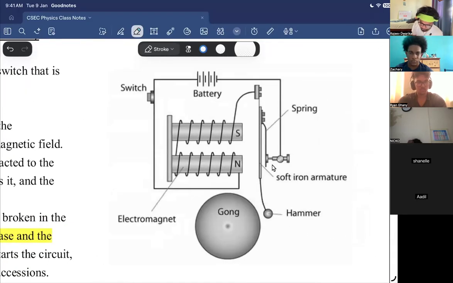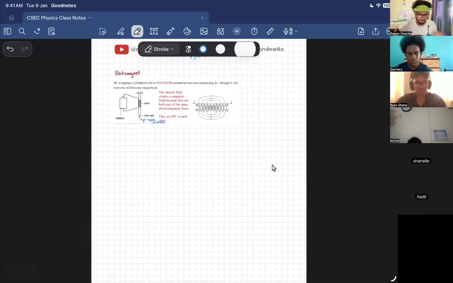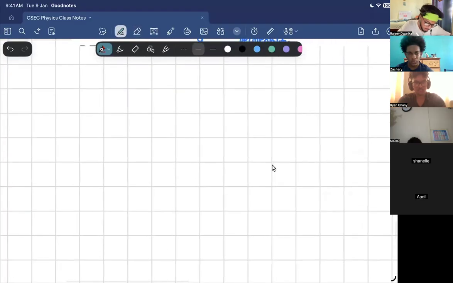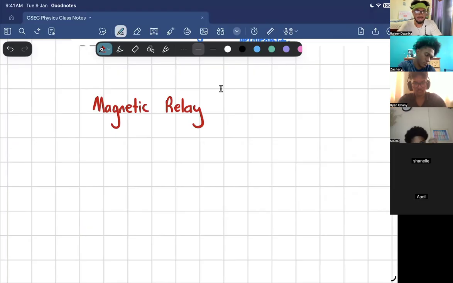So, give me 1 second. I find it's not the best diagram. Let me get a better diagram for you guys. Okay, so Nicola, you there? Nicola, wagwan. I hear you. You good? Yes, sir. Let me get a good magnetic relay for you all.